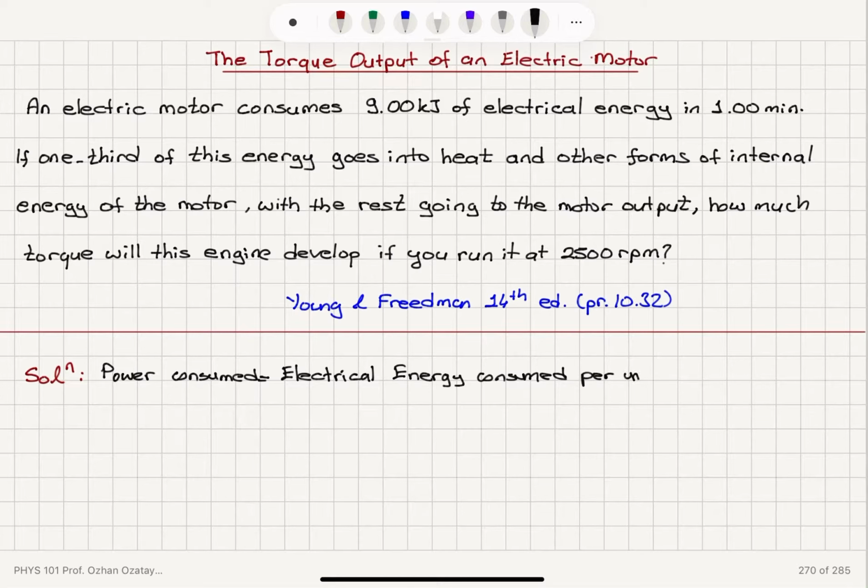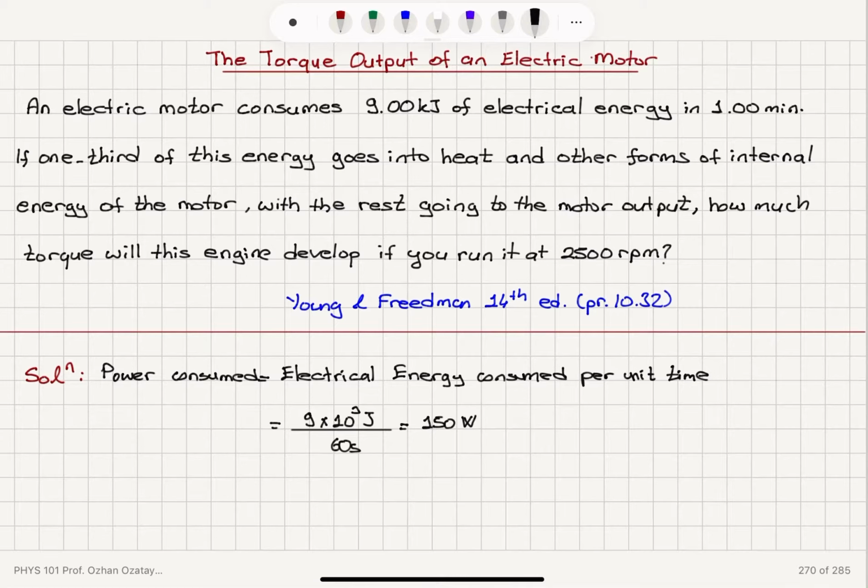This is by definition of power. So we're consuming 9 kilojoules of electrical energy, 9 times 10 to 3 joules in 1 minute, which is 60 seconds. So that gives us 150 watts.